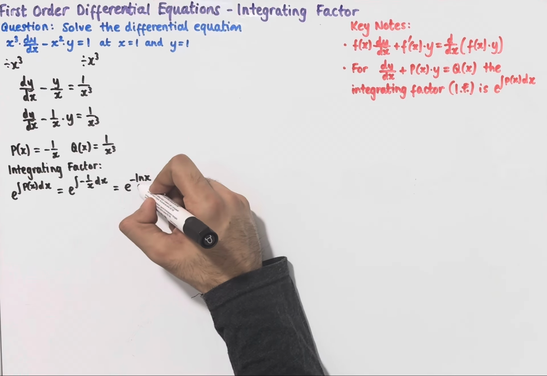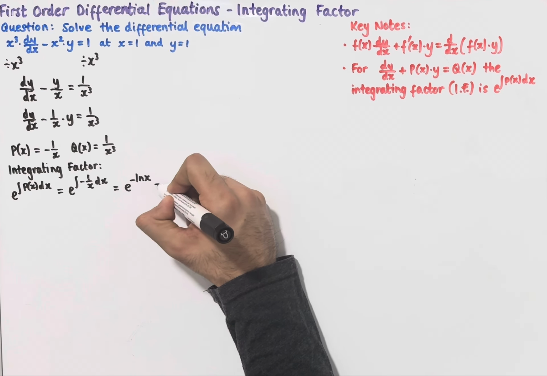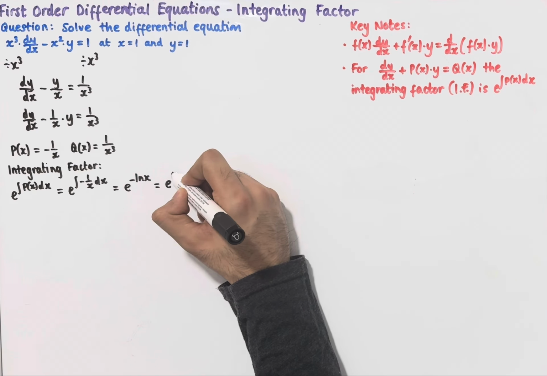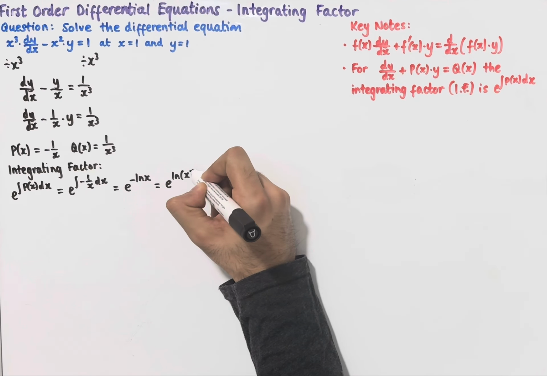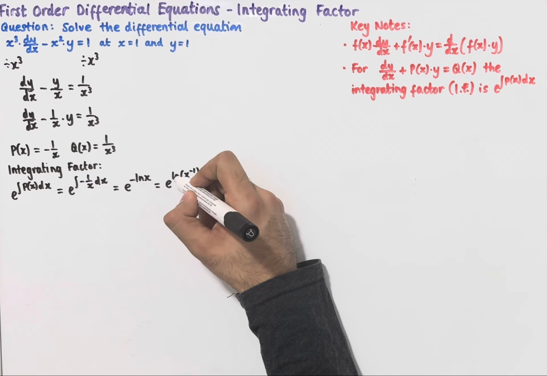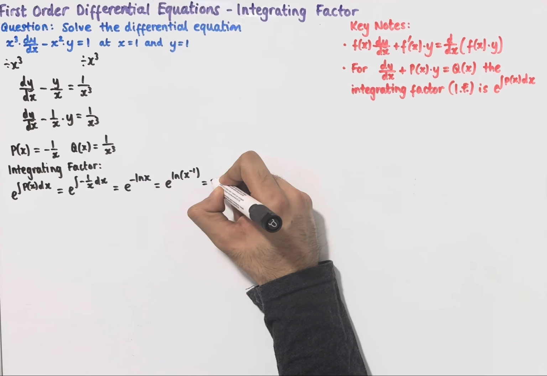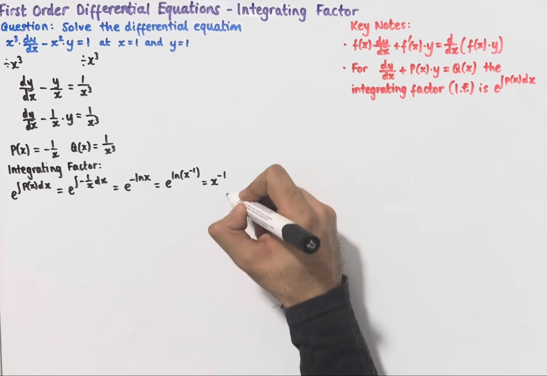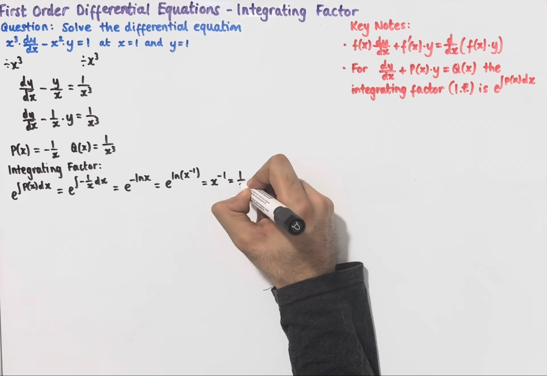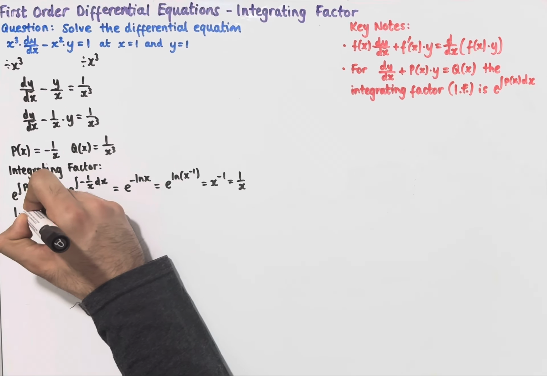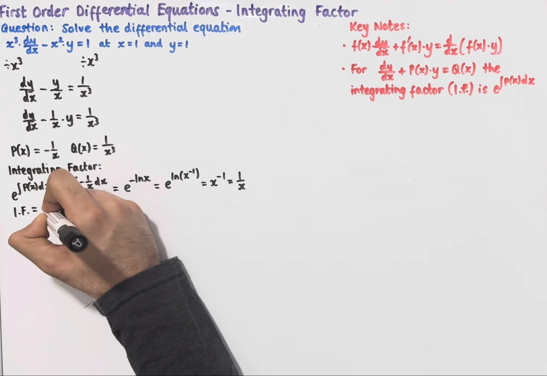And now if we use the power law for logs, we can bring the minus 1 up to give us e to the power of ln of x to the power of minus 1. And so e and ln are inverses which cancel, and we're left with x to the power of minus 1, which is the same as 1 over x. And so our integrating factor is equal to 1 over x.